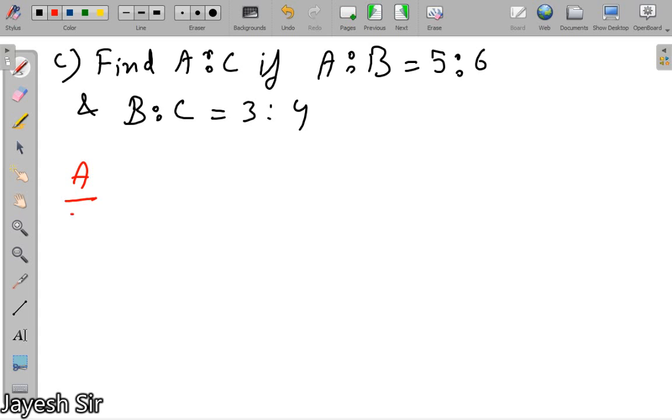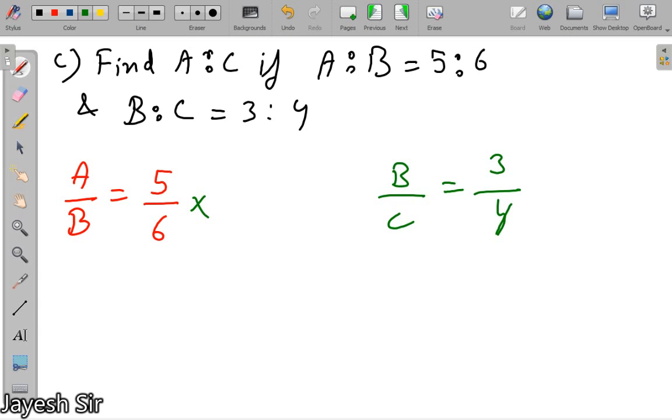I'm going to repeat the same. First of all, a upon b is given to you as 5 ratio 6. Secondly, b upon c is given to you as 3 ratio 4. We will multiply the number opposite to b in the second ratio to the numerator and denominator of the first ratio, and we will multiply the number opposite to b in the first ratio to the numerator and denominator of the second ratio.